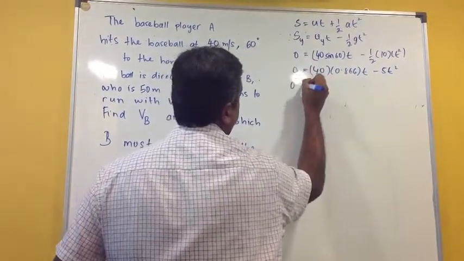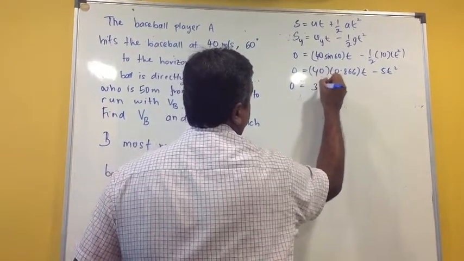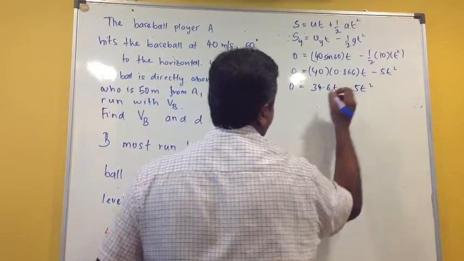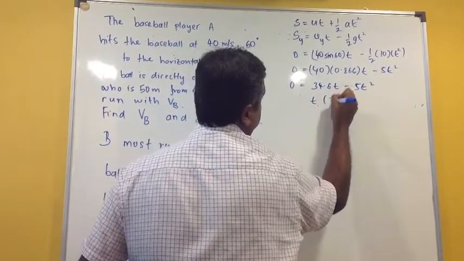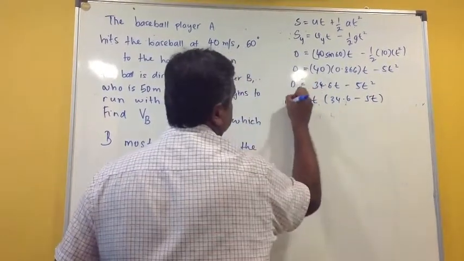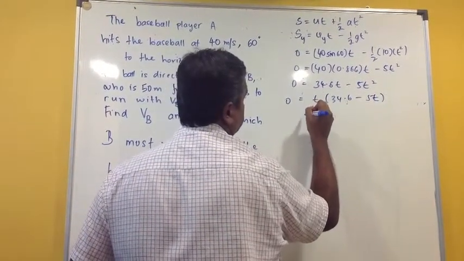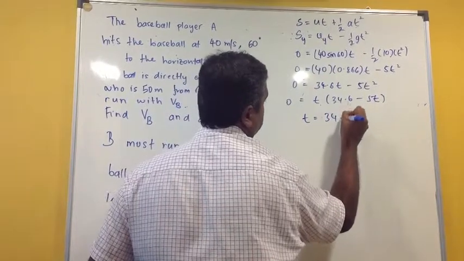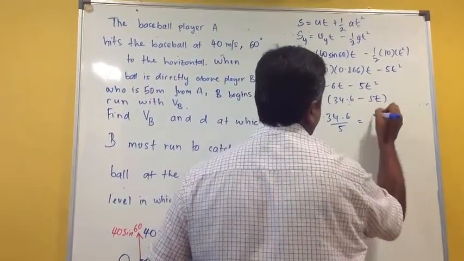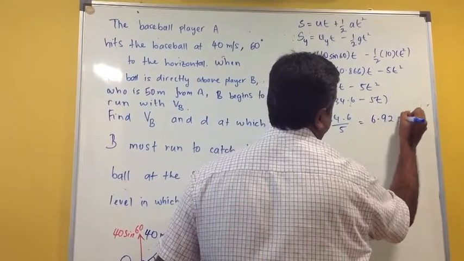So 0 equals roughly 34.6 t minus 5 t squared. Therefore, factorizing t, 34.6 minus 5t equals 0. So t equals 34.6 divided by 5, which is roughly 6.92 seconds.